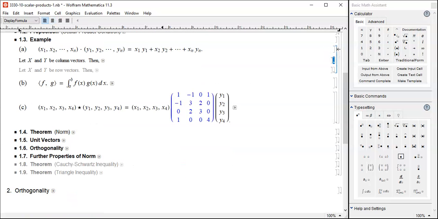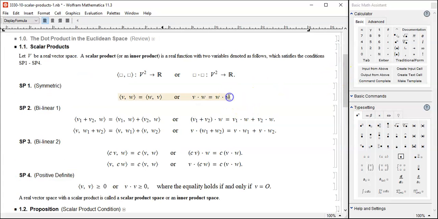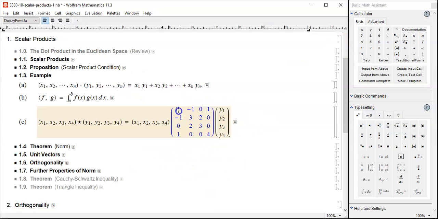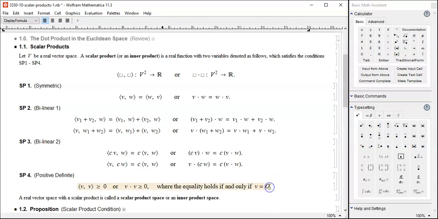Do you notice that this matrix is a symmetric matrix? Symmetric with respect to the principal diagonal, and that's necessary. Otherwise, the first condition will not hold. How about the bilinearity condition? It'll always work no matter what kind of matrix you put in here, so that's okay. Perfectly okay. And finally, the hardest of the bunch, the positive definiteness.